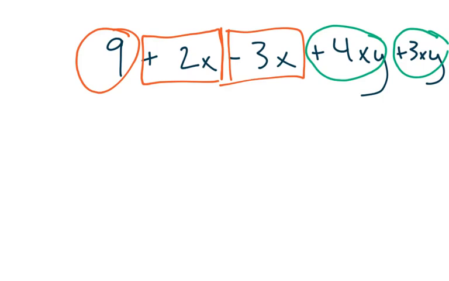These would be like terms because they're both an xy, the variables are the same, and there's no power. And we would do these first, because they have more variables. So we'd have 4xy plus 3xy is 7xy. So we'd have 7xy. And then we would do these variable terms next.